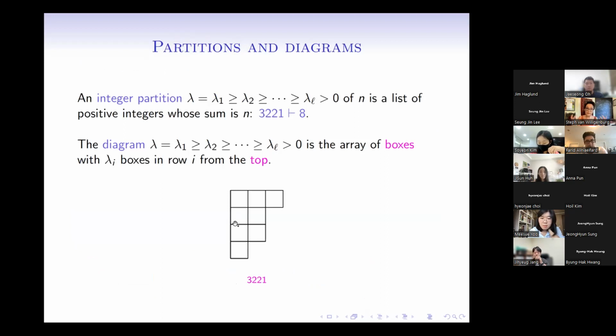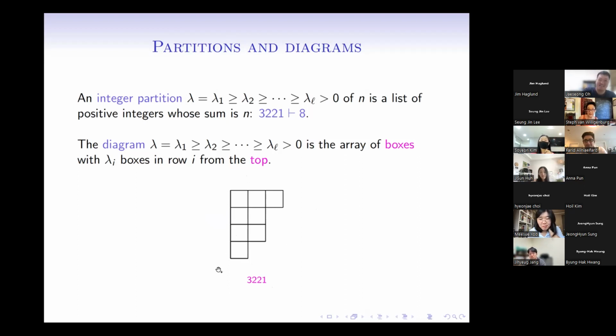Given your favorite partition, the diagram of it is going to be the array of boxes with lambda i boxes in row i from the top. And this is going to be in English notation because I'm in Vancouver, British Columbia. Also, it works really well. So say I want to make the diagram of 3, 2, 2, 1. I'm going to have 3 boxes, then 2 boxes, then 2 boxes, then 1.